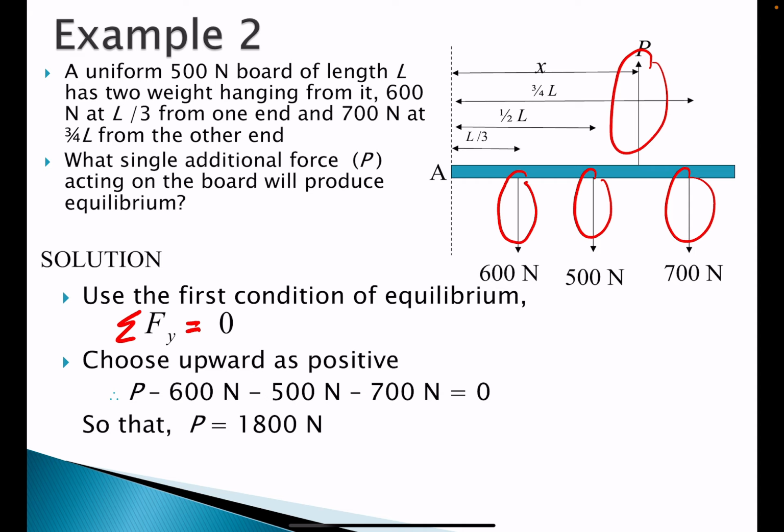When you go upward, it is positive. So the P here is positive. And then minus this one, 600 Newton, and then minus 500 Newton, and minus 700 Newton, since they go downward, equals 0. So you will get P equals 1800 Newton.